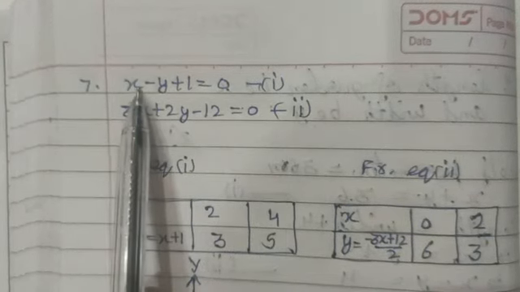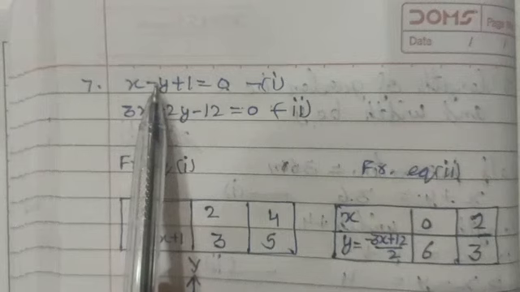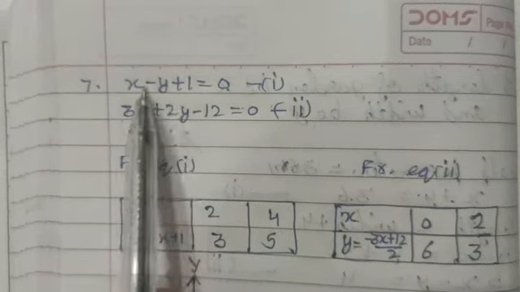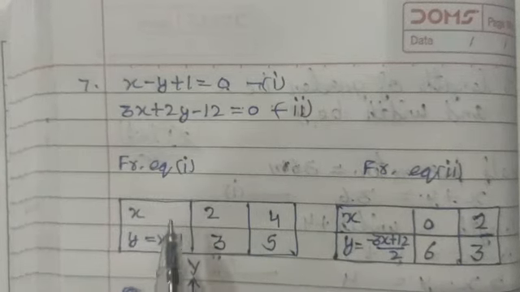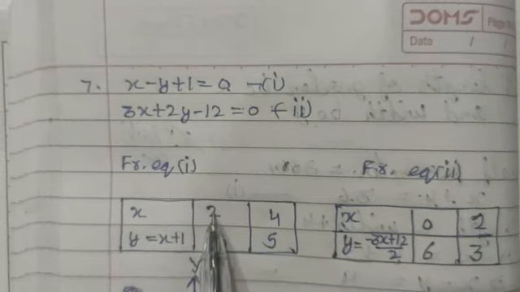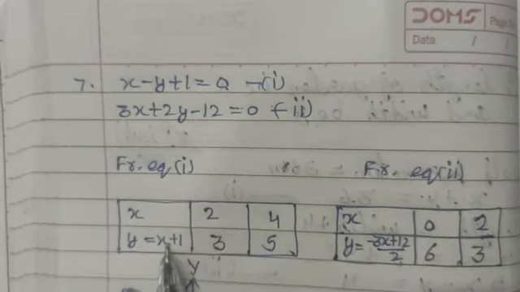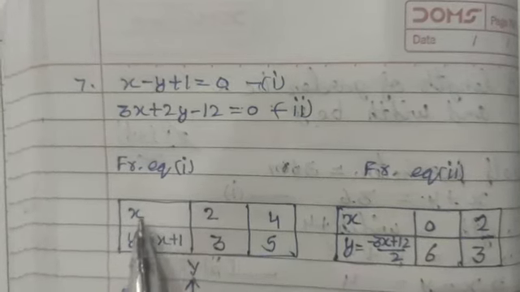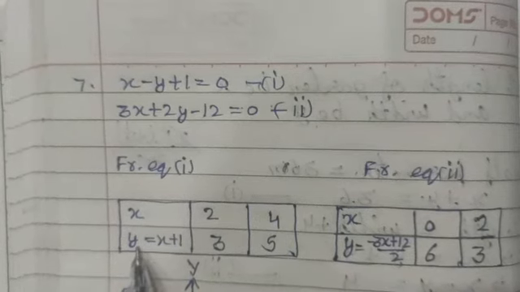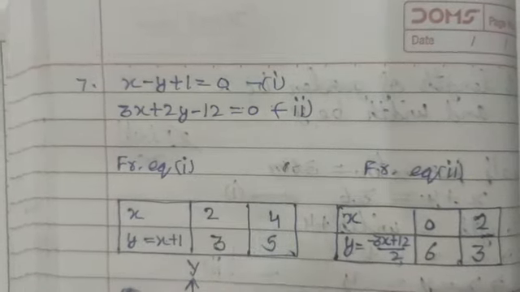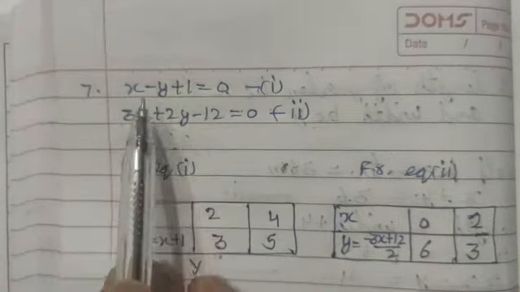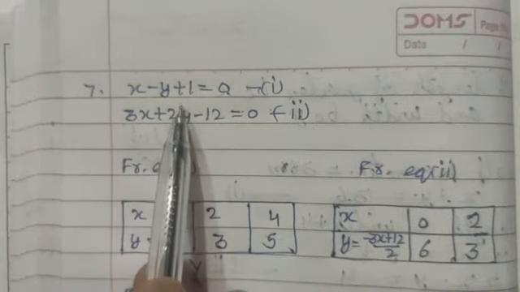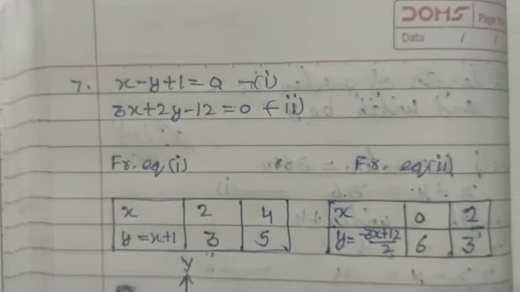Now here from equation first, y will be equal to x plus 1. Now if value of x is 2, then y will be 2 plus 1, 3, and if value of x is 4, then y will be 4 plus 1, 5. Now we will find out 2 points for each equation which satisfy these equations.